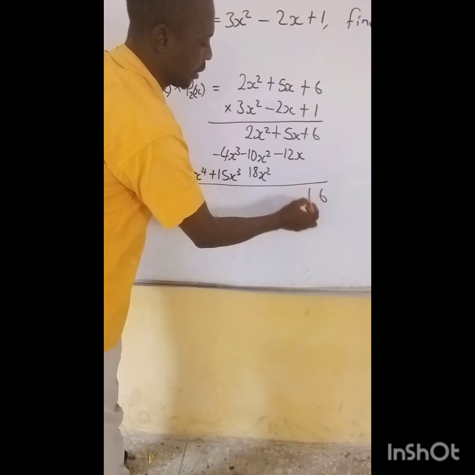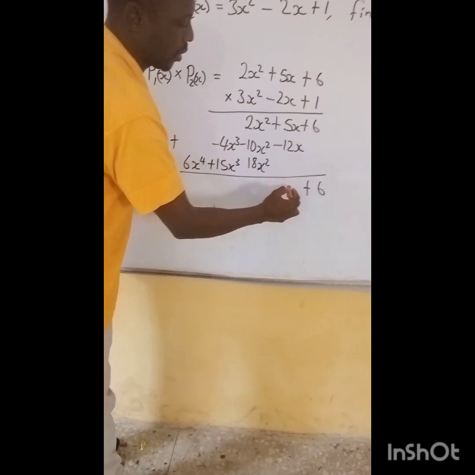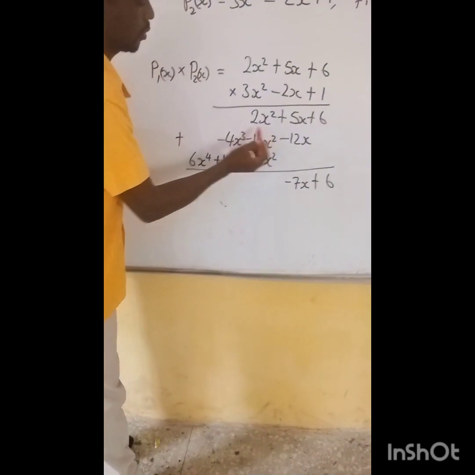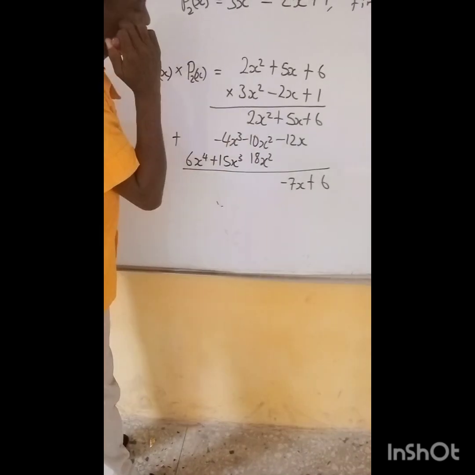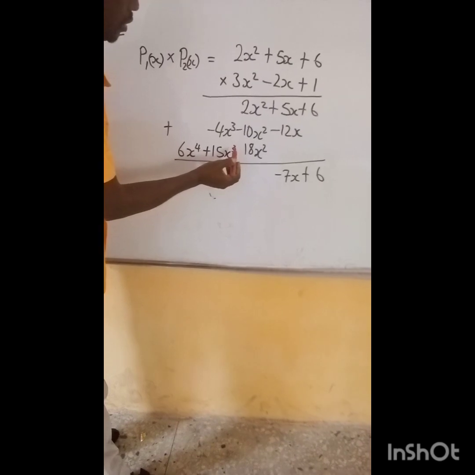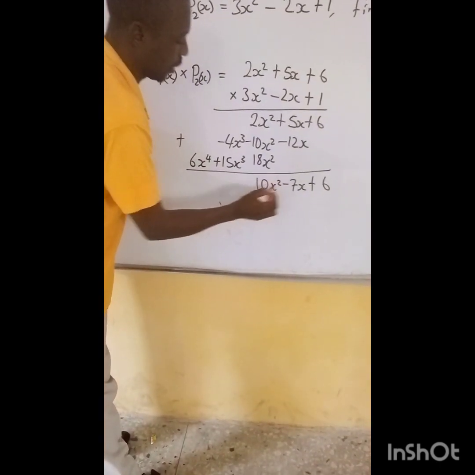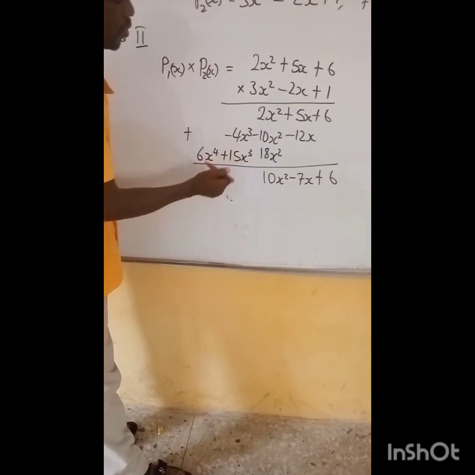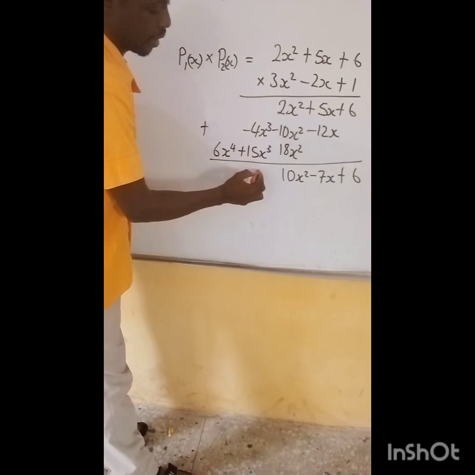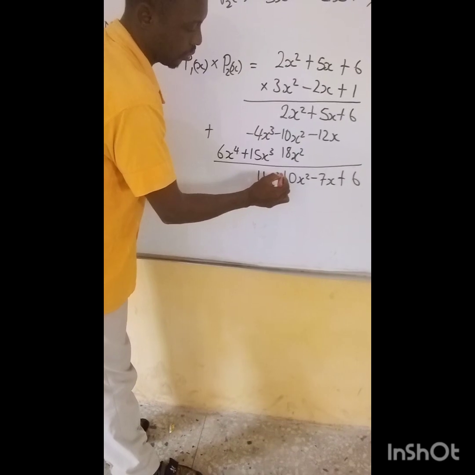So here we have 6, plus 5x minus 12x gives us minus 7x, and 2 minus 10 is minus 8, plus 18 is 10x squared, minus 4x cubed plus 15x cubed gives us 11x cubed.